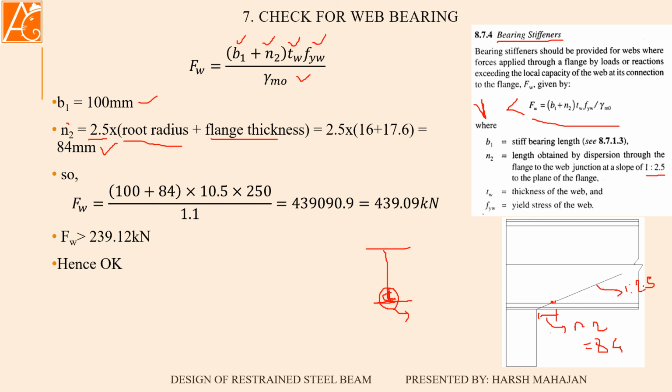So when we get N2 and B1, we just have to put the whole thing into this equation and find out the local capacity of the web at the connection to the flange, which is 439 kilonewton, greater than the applied shear force. Hence the web will not cripple, or the bearing at the junction point of web and flange is good enough to take care of the stresses.